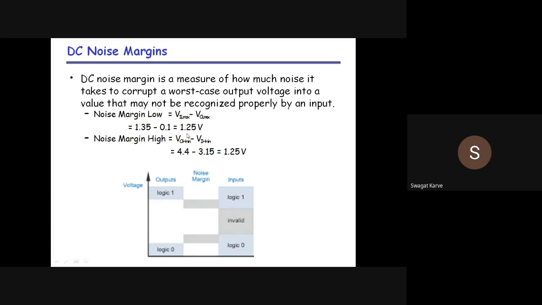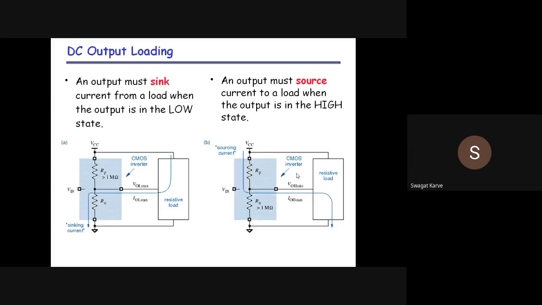So the difference is 1.25. Similarly, on the high noise margin, the highest value can be 4.4 volt and the lowest value can be 3.5 volt. So the difference is 1.25 volt. Okay, so this is the difference that you can consider for the noise margin high. So this is about the DC noise margin.